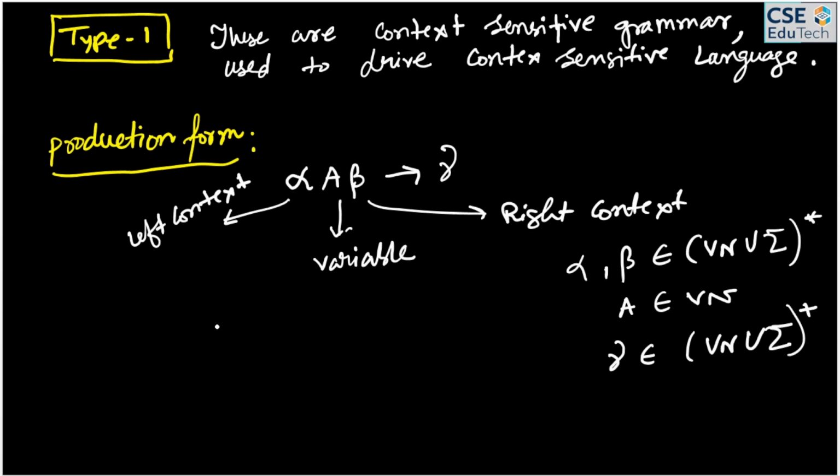Now, a type 1 production does not increase the length of the working string. That is, we can write that the length of the string alpha A beta should be less than or equal to the length of the string gamma.